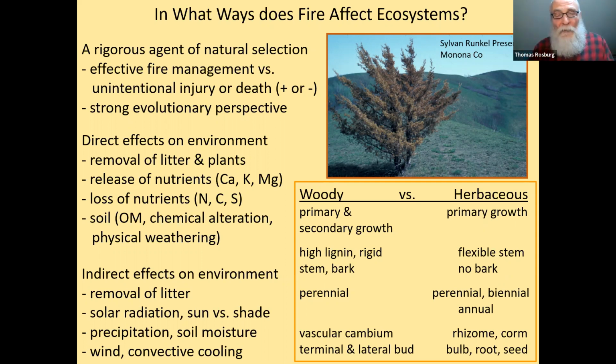Precipitation is also going to be an indirect effect because the litter's gone, and we'll review how that is an important effect. And even wind and convective cooling can be an important factor that plants perceive, again because of the removal of the litter. So most of these indirect effects are largely on the microclimate and microenvironment that results when the litter has been removed.